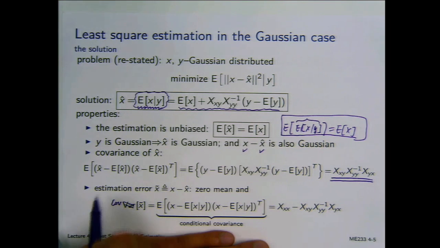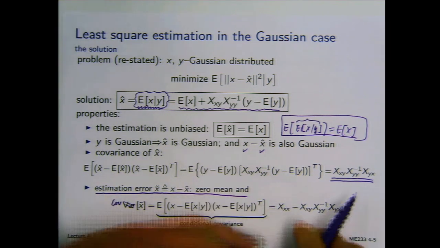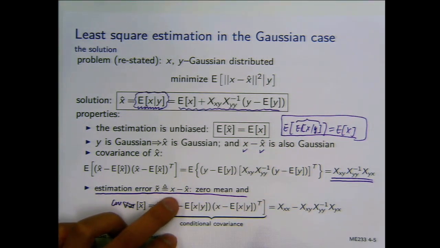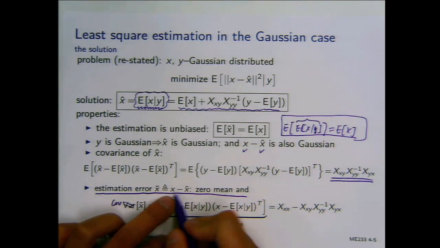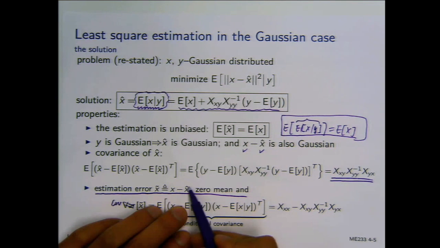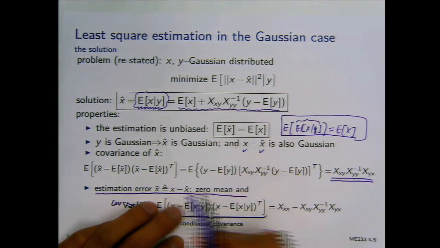This is the most important message for this slide. If you want to evaluate how good we are at estimating x, we have to take a look at the estimation error, which is defined by x minus x hat. First of all, x hat is unbiased, so the expectation of x equals the expectation of x hat, and the error is zero mean, which is a very nice property.